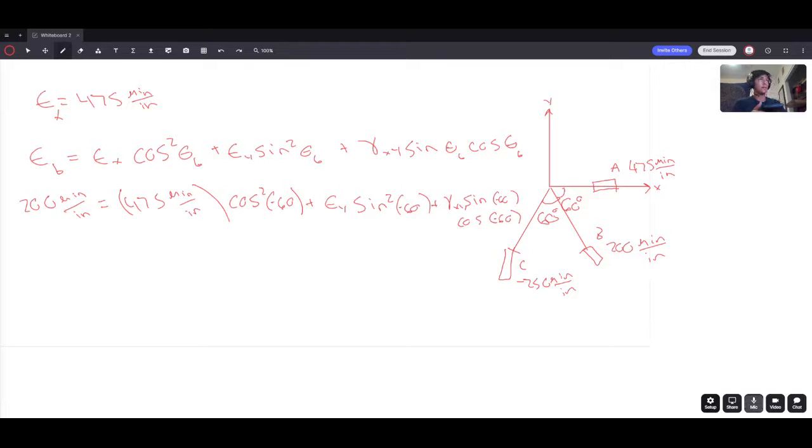So on the left side, we have 81.25 microinch per inch.